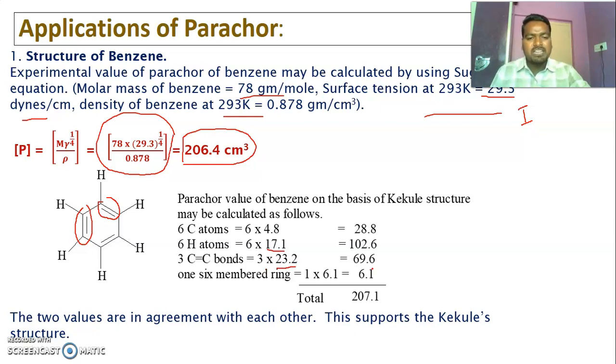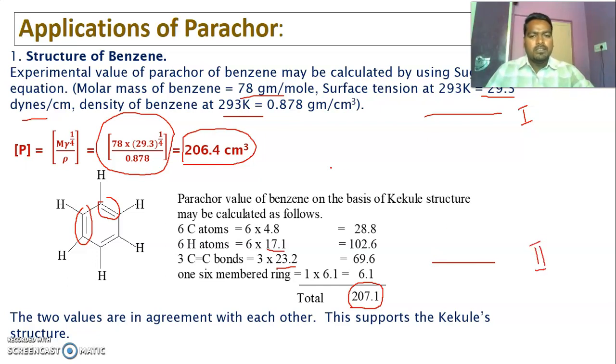So it gives 69.6. It also contains one 6-membered ring, and the Parachor value is 6.1. If you take the sum of all these values, the Parachor value of benzene is 207.1 cm3. So this is the second method.